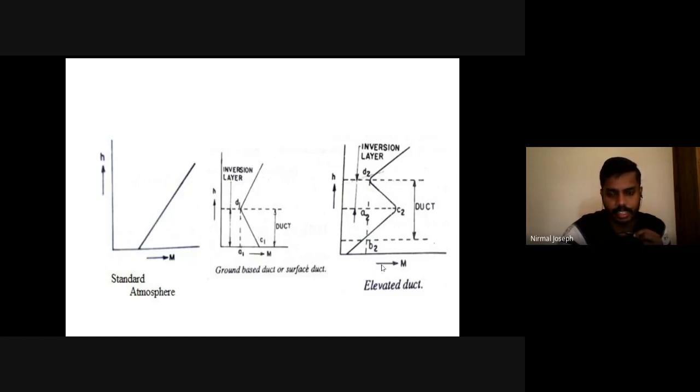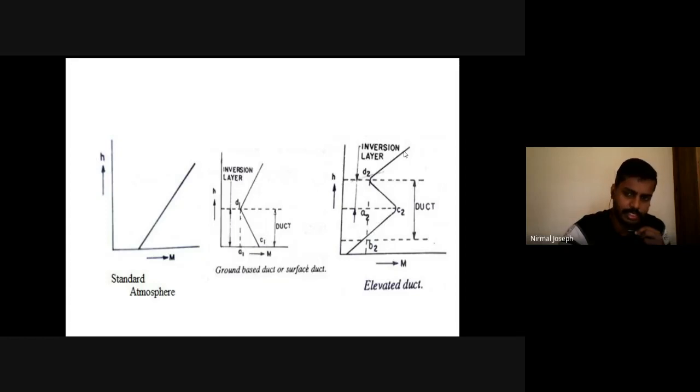Then next, the elevated duct. Initially, M was increasing only, and the slope was positive only. So then what happened? It keeps on increasing up to a point C, then it keeps on decreasing, then again it keeps on increasing.